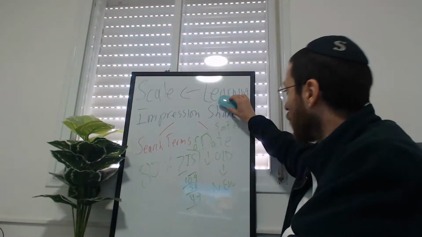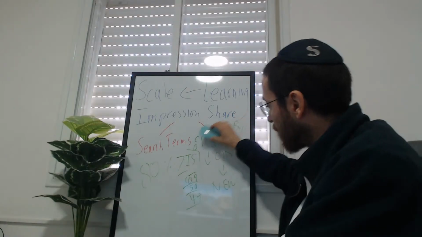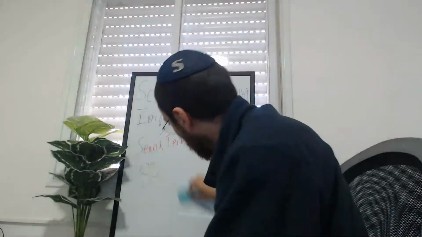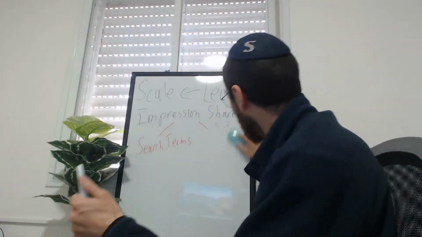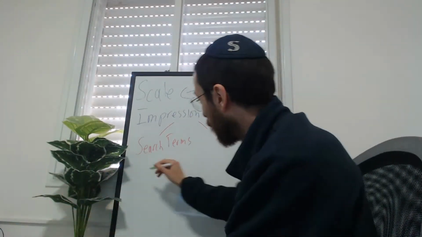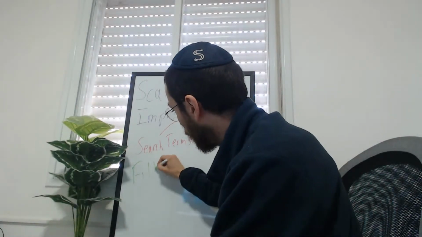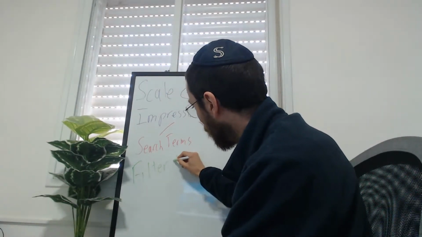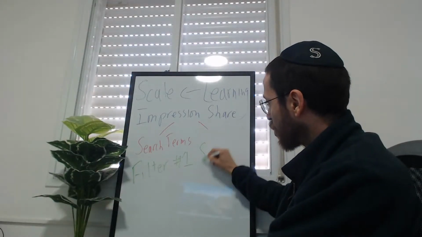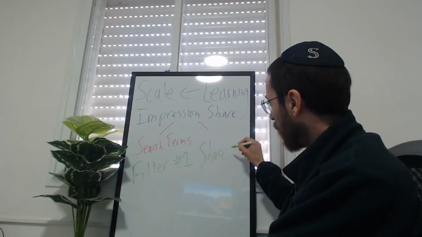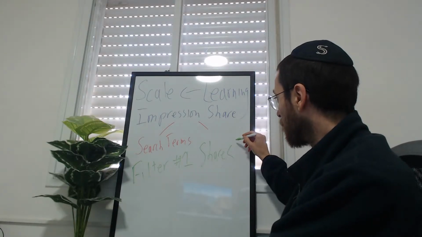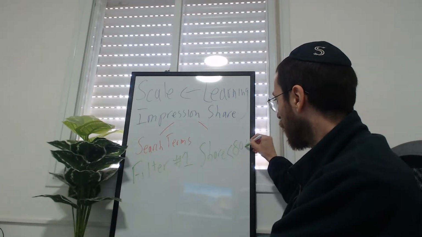So all you need to do is basically take this impression share report, okay, and put in two filters. Filter number one is impression share less than, let's call it 80%.